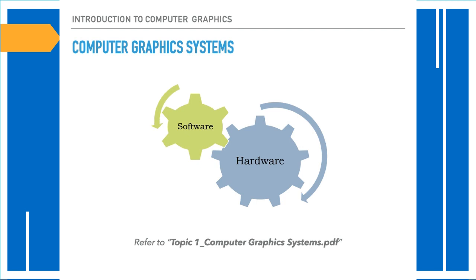With personal computers, we can use a variety of interactive input devices and graphics software packages. For higher quality applications, we can choose from a number of sophisticated special-purpose graphics hardware systems and technologies. So during the lecture, we will explore the basic features of graphics software packages and also the graphics hardware components.